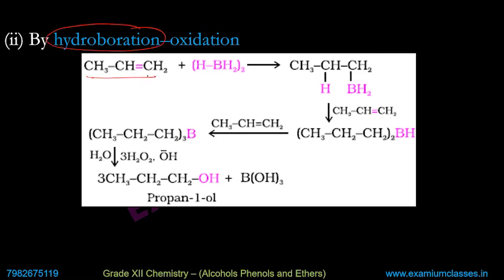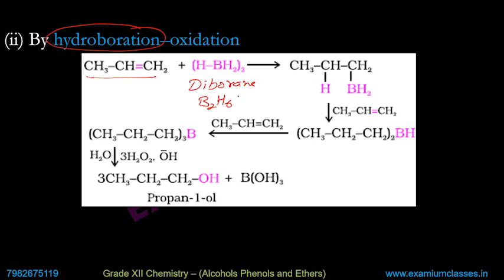hydroboration oxidation of alkenes. We get it reacted with diborane, which is actually B2H6. B2H6 actually exists as BH3, BH3. That's why the name is diborane.